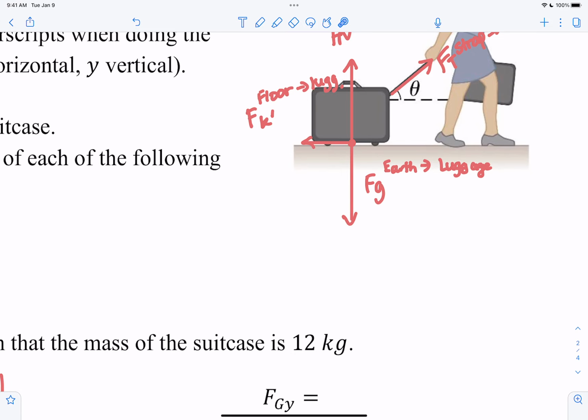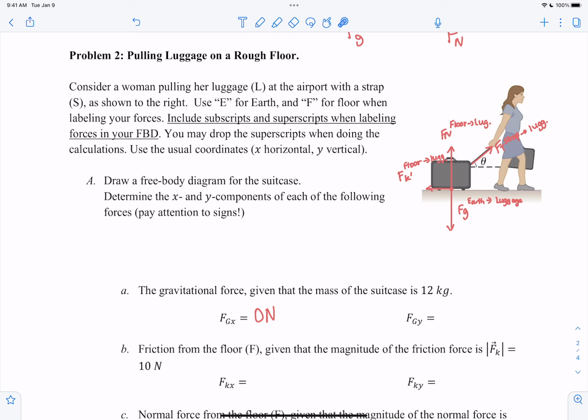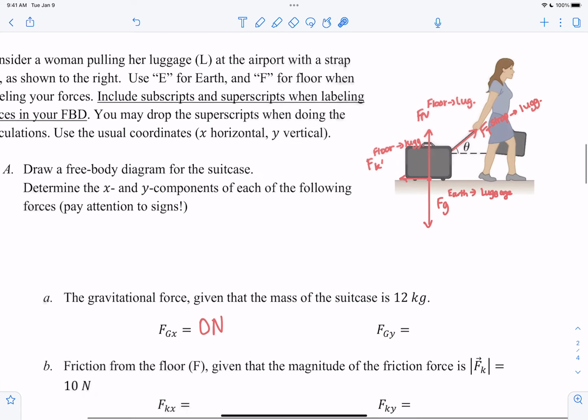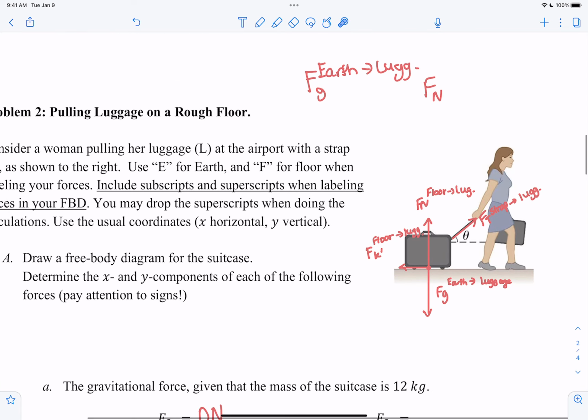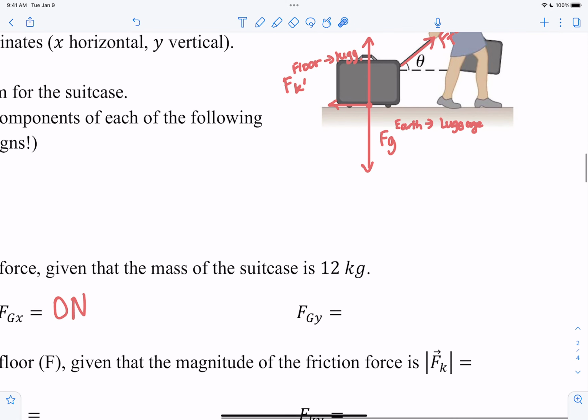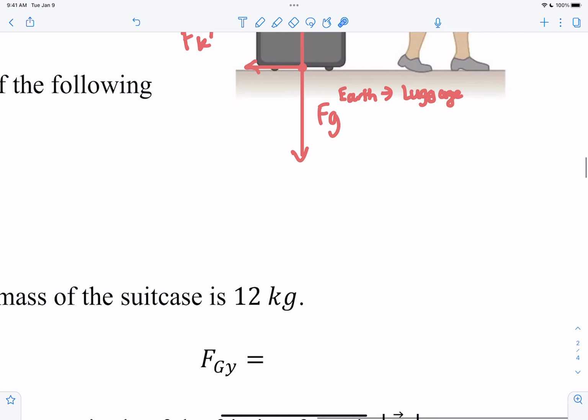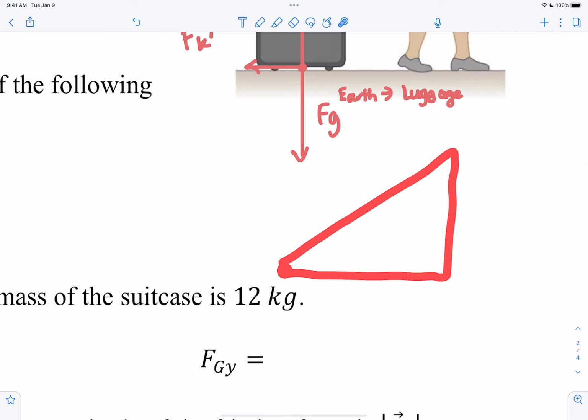You're always going to have a y component to gravity, but the only time you would have an x component to gravity is if this object were on an incline.